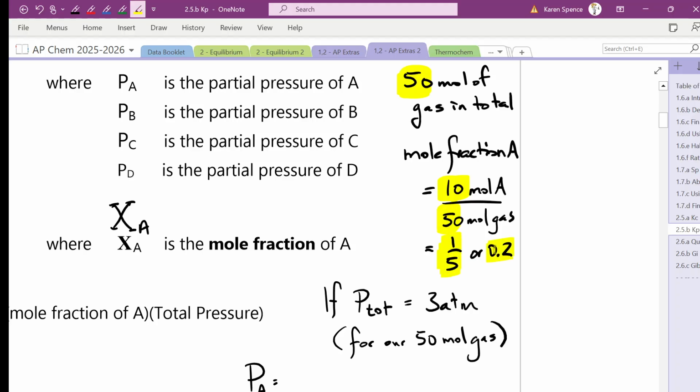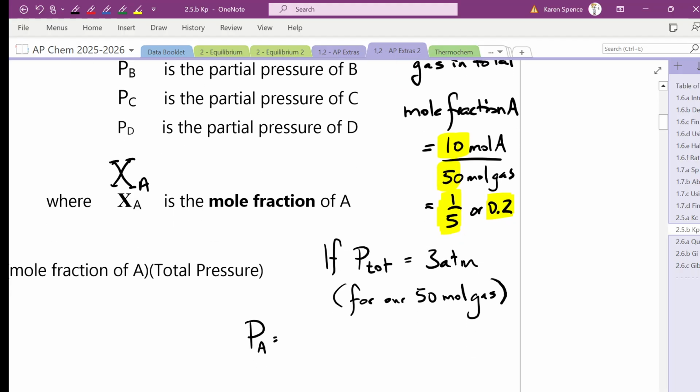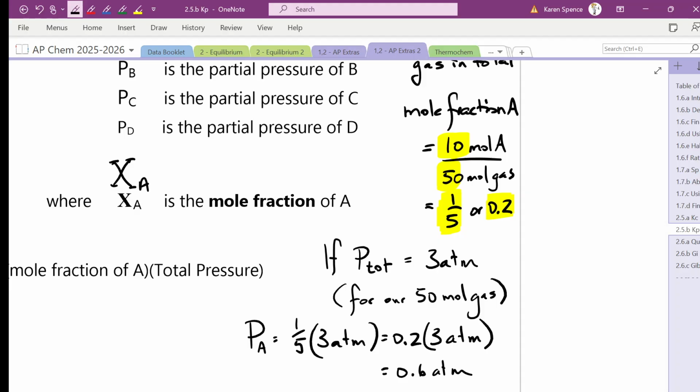Yeah, 0.6, because 1/5 of that pressure is due to gas A, right? So you could either write it as 1/5 of 3 atmospheres, or you could write it as 0.2 times 3 atmospheres, which gives you 0.6 atmospheres. Is that good? Is that easy?